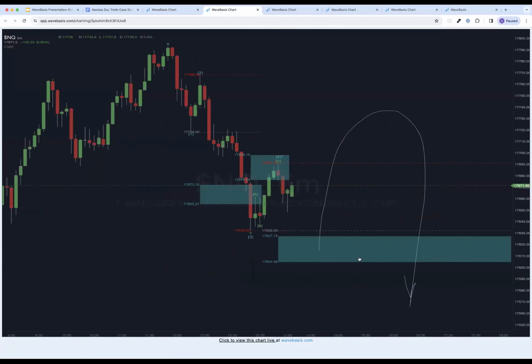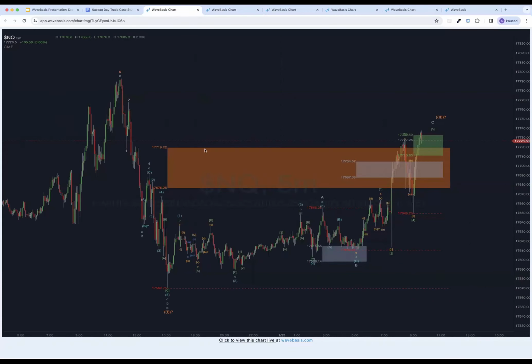And it was projected around 17,610. Where did we get to? We got down to 570, spiked through, and started back up. And what we got was a messy ABC that aligned with typical expectations. It's overlapping, it's ugly. And so we were sitting up here waiting. And so let's follow the plan.